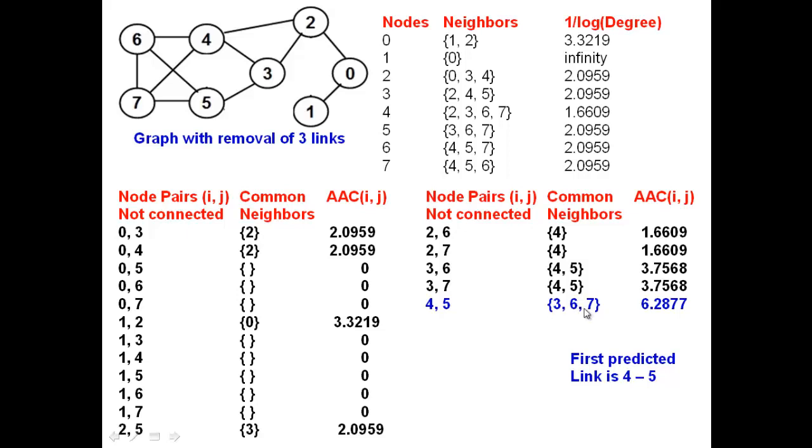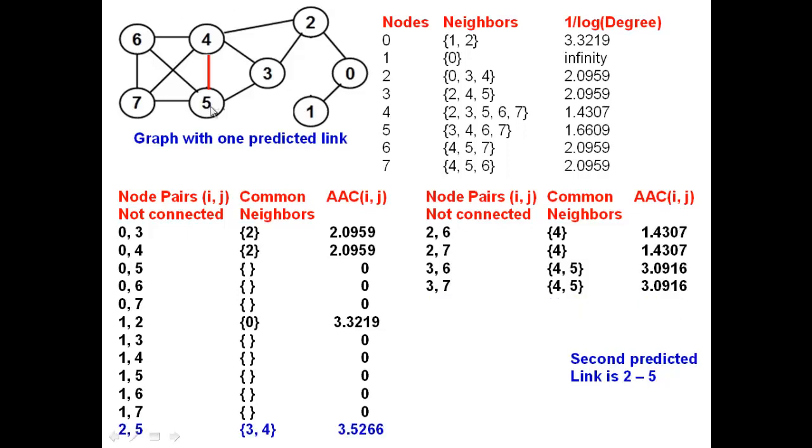Now for 3, 6, 7, it is 2.0959 plus 2.0959 plus again 2.0959, so it is 6.2877. That's the largest value among all the node pairs. So the first link is predicted to exist between 4 and 5. Now add this link and come up with the degree of the nodes.